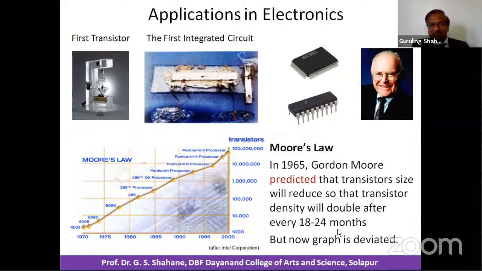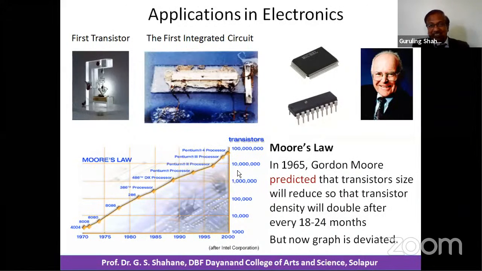In 1965, Gordon Moore predicted that the size of the transistor is decreasing in such a fashion that the density of transistors will double every 18 to 24 months. It was an empirical prediction by Moore, and it was true in the initial stages.